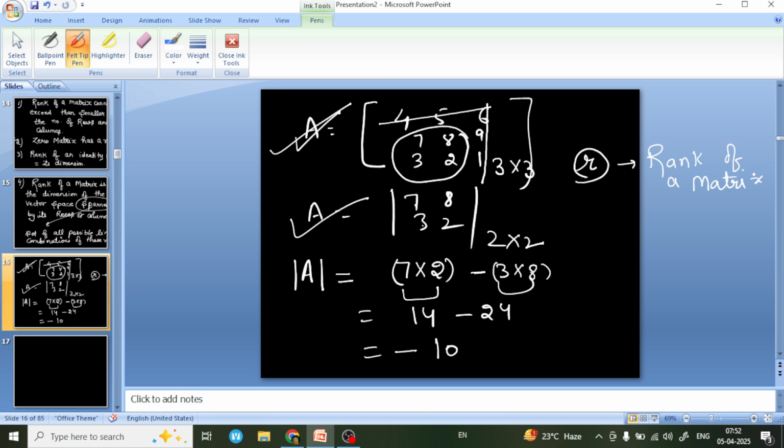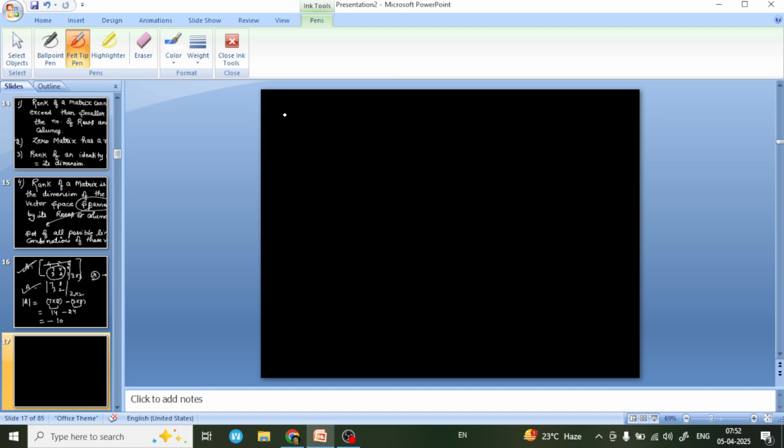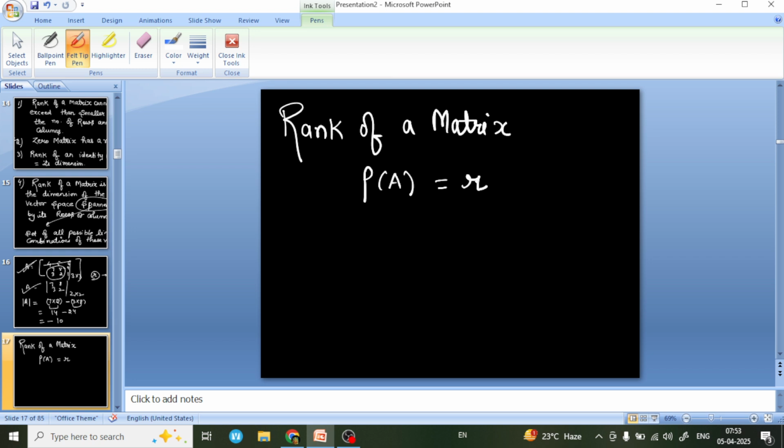The rank of a matrix is denoted by this symbol, and it should be equal to R. Another definition: the rank of a non-zero matrix is the largest order of any non-vanishing minor of the matrix.